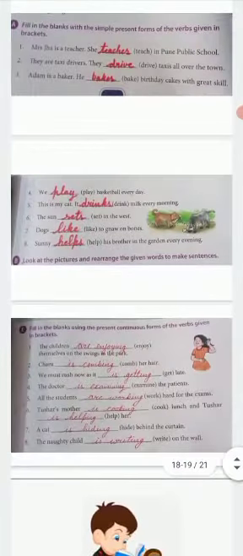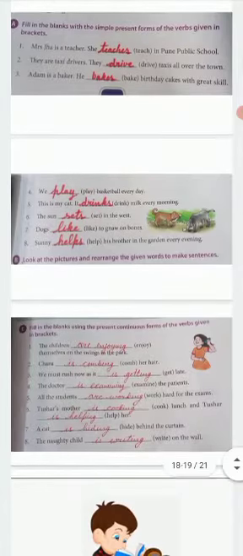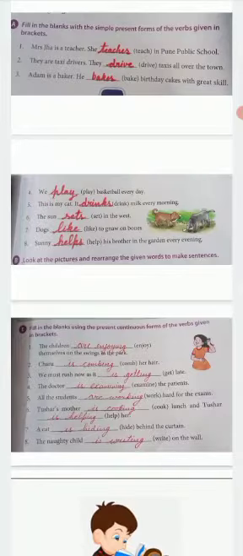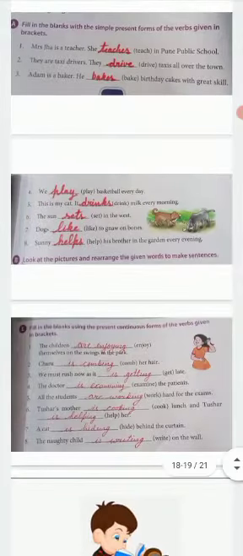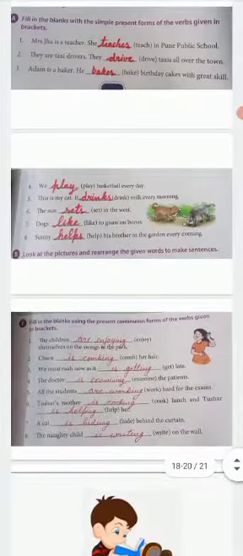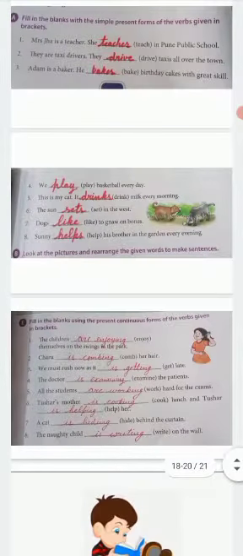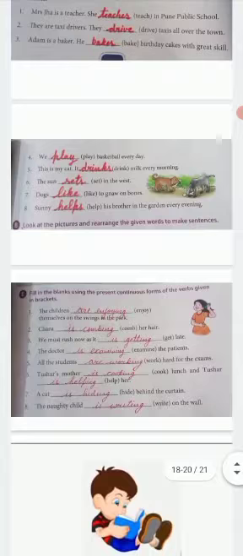They are taxi drivers. They dash taxis all over the town. Here the subject is plural, so here we use drive, not s or es. Adam is a baker. He dash birthday cakes with great skill. Subject is singular, so here we use bakes.